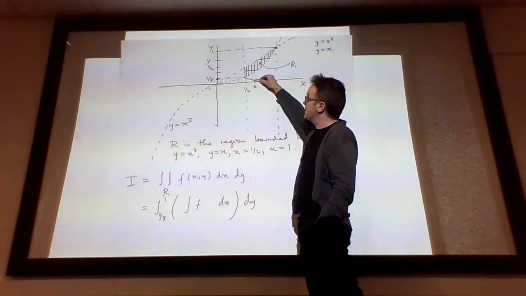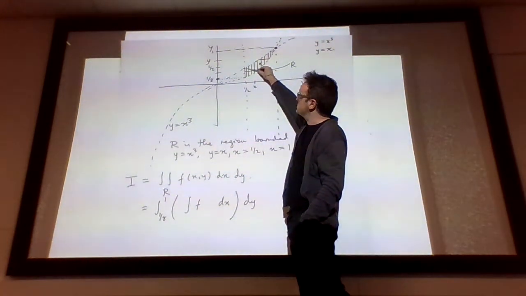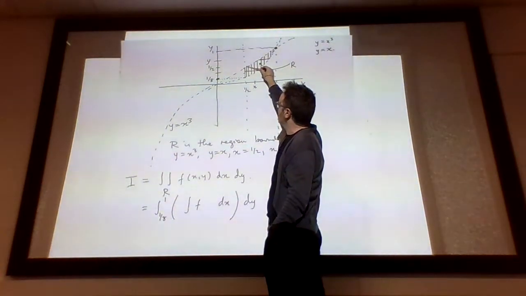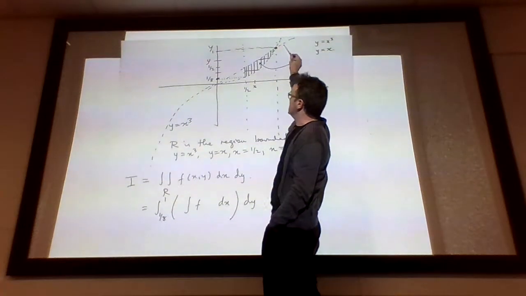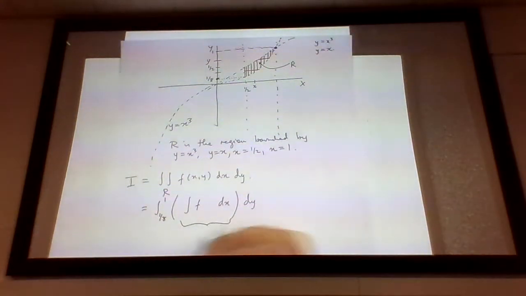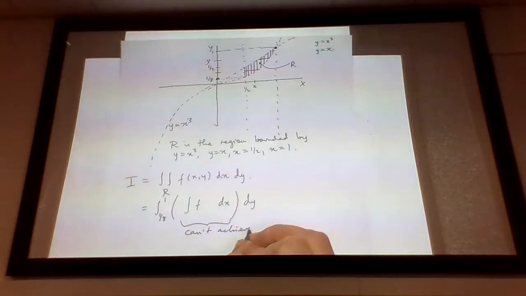Sometimes starting at x equals a half, but then once you go through y equals a half, the starting points are provided by the line y equals x. So we actually can't achieve this with a single integral like this.